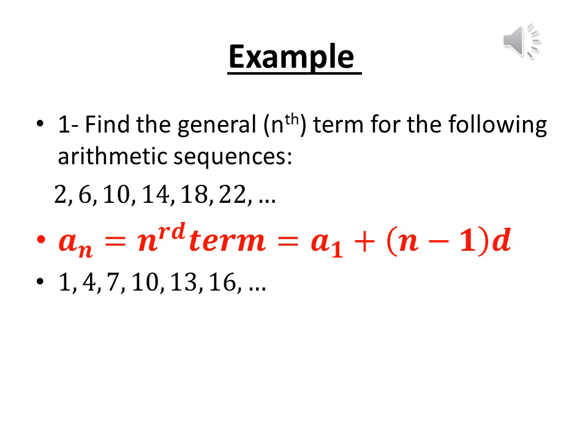So a(n) equals 2 plus n minus 1 times 4.